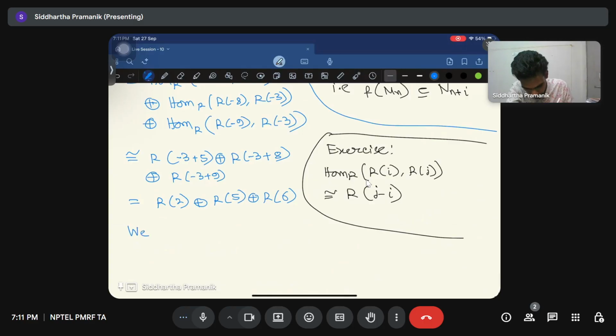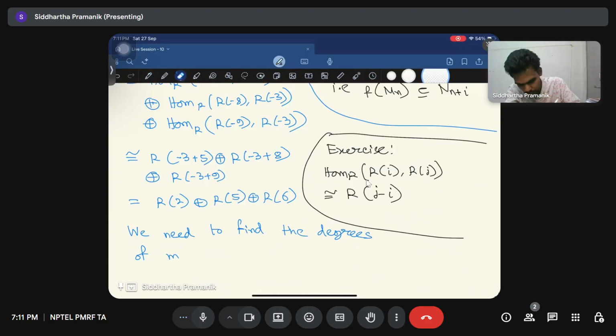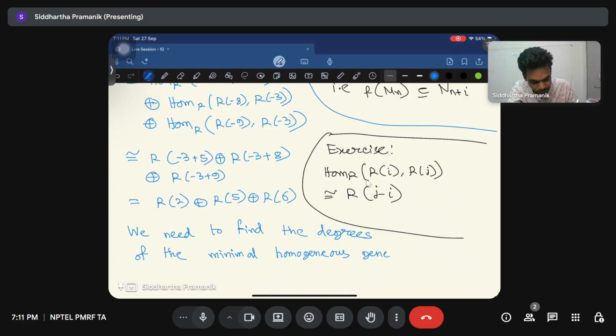We need to find the degrees of the minimal homogeneous generators of this graded module Hom(M, N).